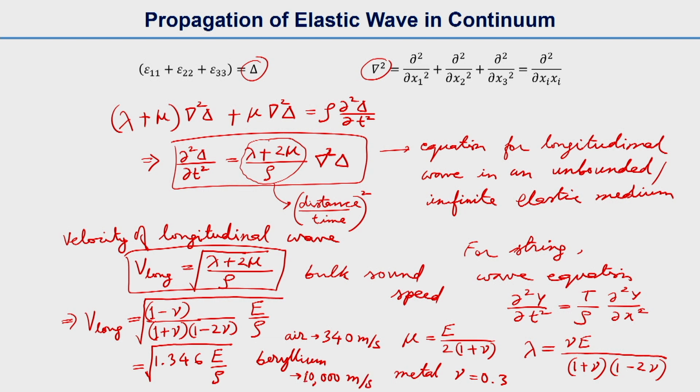This is longitudinal wave velocity, and we will check other materials later, but we can tell that for air it is very low, as it depends on the Young's modulus and the density, but for beryllium it is very high.